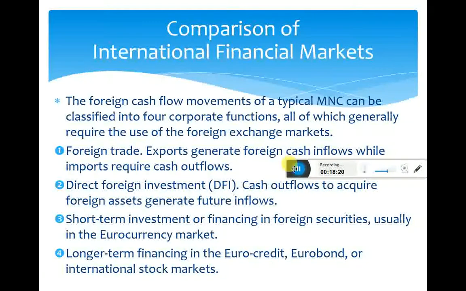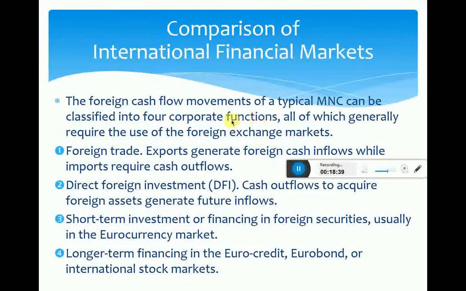Number one is foreign trade, number two is foreign direct investment, number three is short-term investment, number four is long-term investment. So these are basically four different types of corporate functions of multinational corporations.